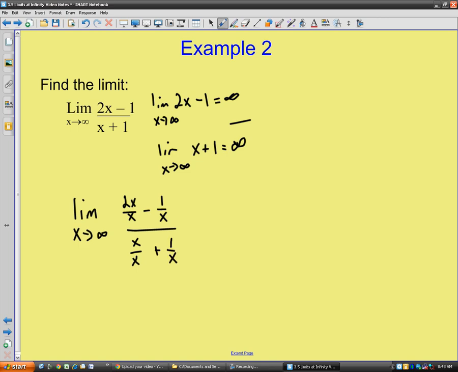When I do this, my limit as x goes to infinity ends up with 2 minus 1 over x on top, and 1 plus 1 over x on the bottom. When the limit goes to infinity, since this is a small number over a very, very large number, this is basically 0. Likewise, this is basically 0. So you can see I'm going to end up with 2 over 1.